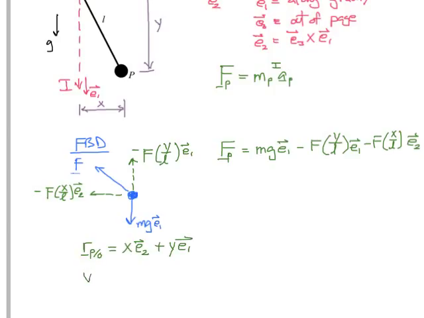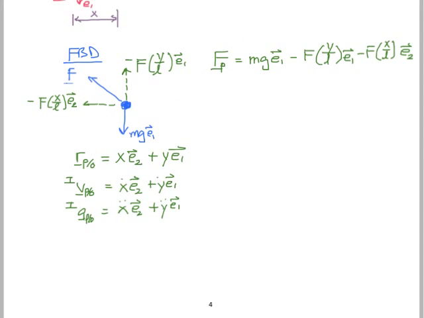The velocity of P with respect to O as observed in the inertial reference frame is x dot E2 plus y dot E1. And then, of course, the acceleration of P with respect to O as observed in the inertial reference frame is x double dot E2 plus y double dot E1.